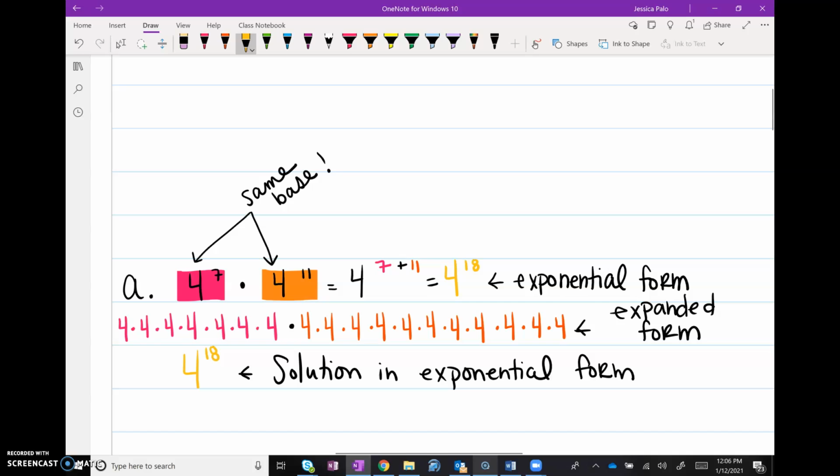So this is the shortcut way. You can do it in exponential form if it has the same base. So this is just part 1 of these notes. There is going to be a second part, and that involves variables with coefficients.